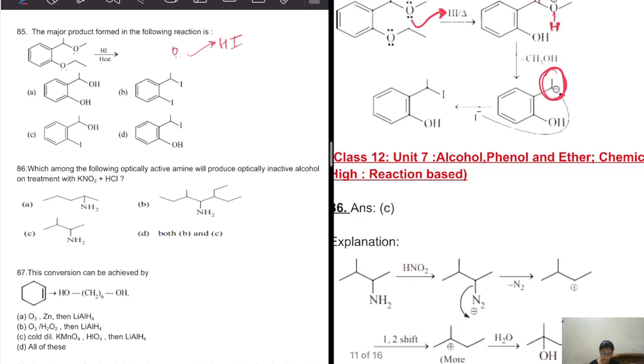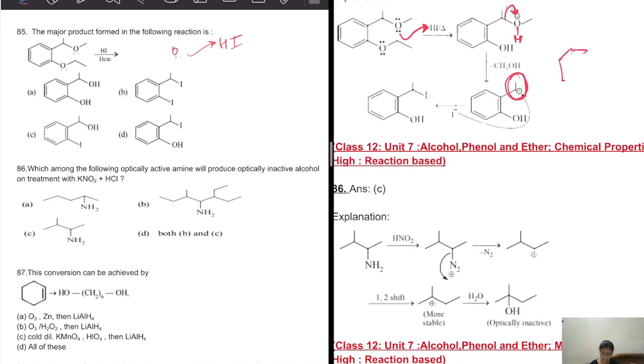But in case we take it from this other oxygen, we will have the oxygen here and plus charge here. And the plus charge would then be formed here, which is very unstable.